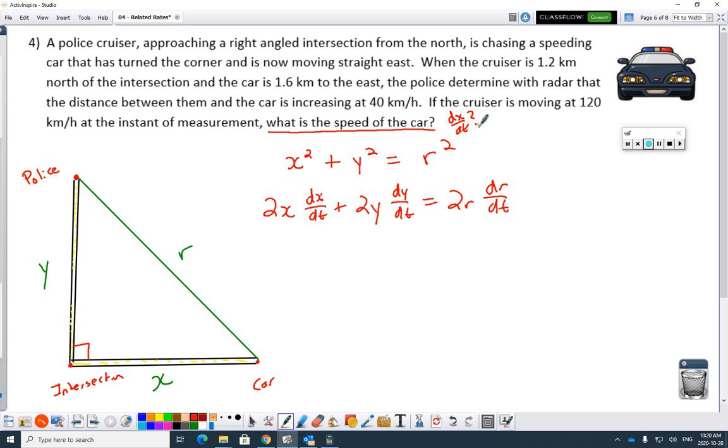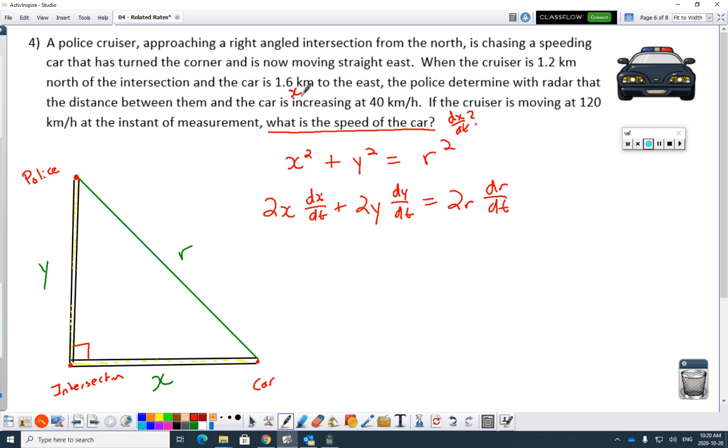That happens in the odd question where, let's say, you need r at some point in the question. It might happen in this one. I didn't read it carefully enough. And they want to give you x and y. You might have to do a little math to get the things you've got to sub in. Well, let's look through. x would be how far the car is away from the intersection. They give us that. The car is 1.6 kilometers to the east.